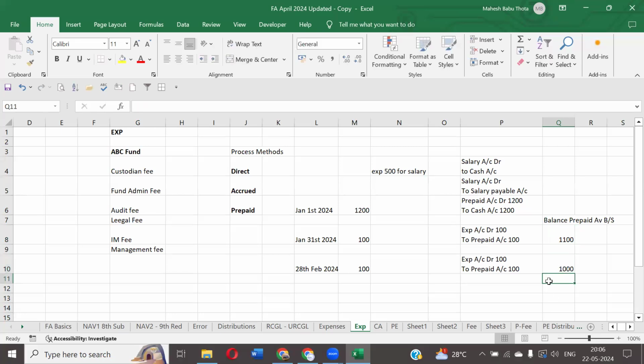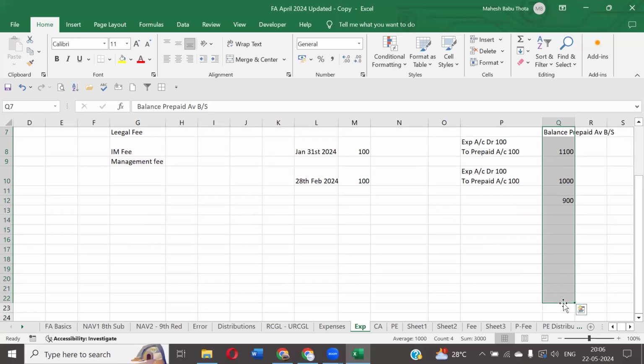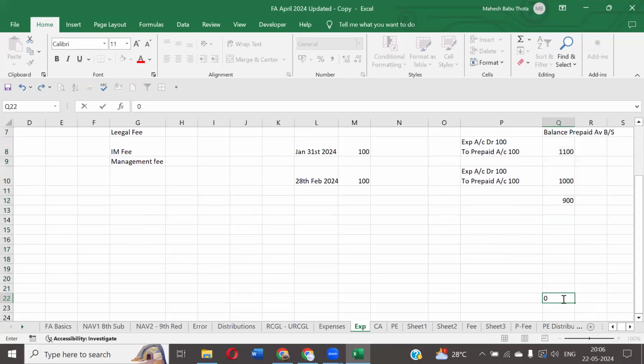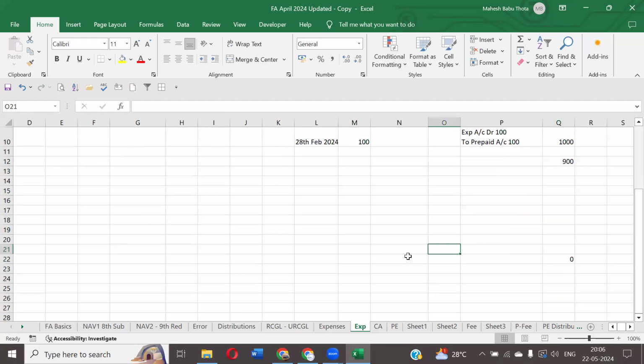After paying third month, 900. Like that, every month after posting this entry, the prepaid balance will keep on reducing. So it will become 0 on the 12th month, December 2024. That is called the prepaid concept.